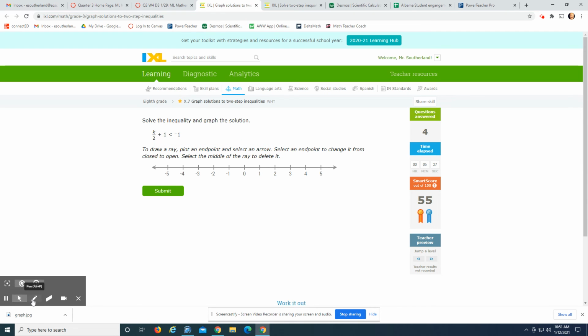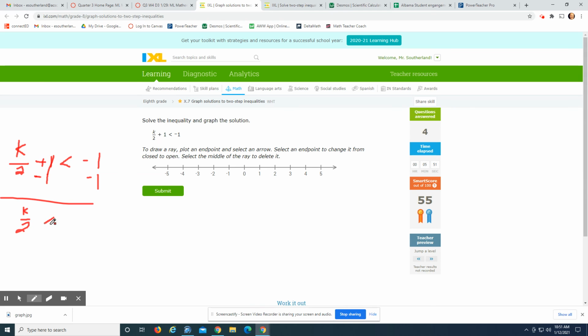So we'll do this problem here, and then K divided by 2 plus 1 is less than negative 1. We're going to start by subtracting 1 from both sides, I'm sorry. The 1's will cancel. K divided by 2 will drop down. The sign stays the same.